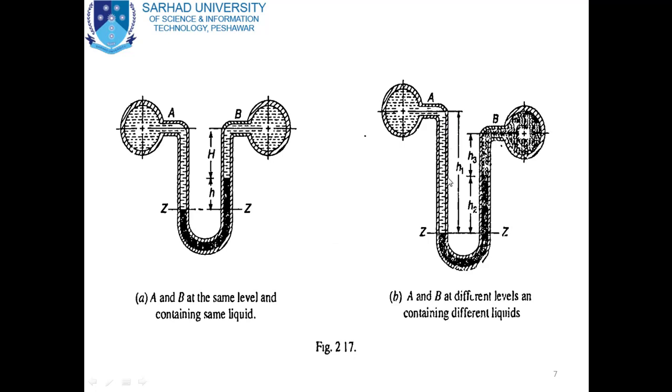This is H1, the height of the liquid which is flowing in pipe A, while H3 is the height of the liquid which is flowing in pipe B.